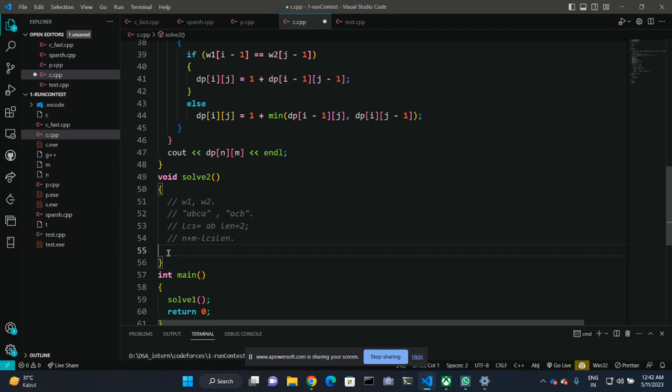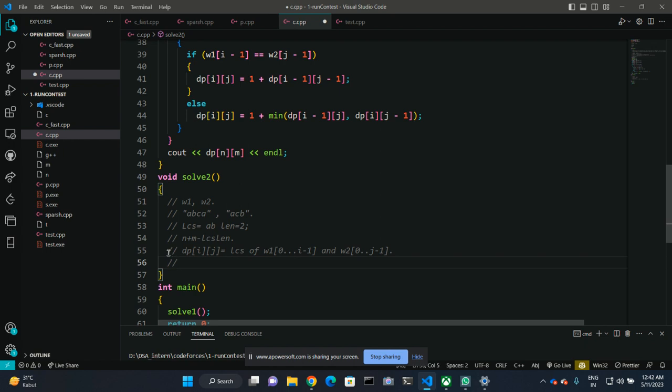So how to find LCS? What is LCS? Longest common subsequence. It is defined as dp of I, J: LCS of W1 from 0 to I minus 1 and W2 from 0 to J minus 1.